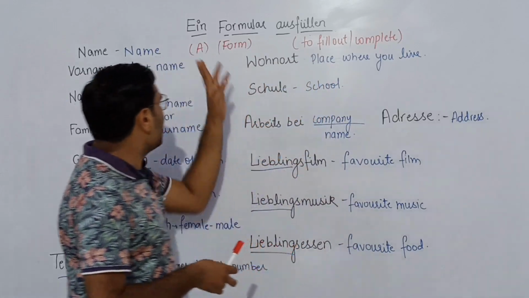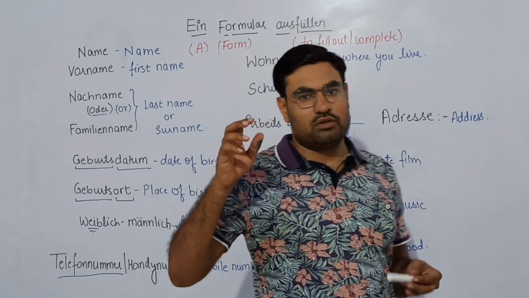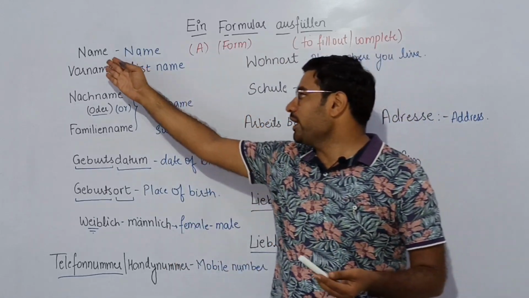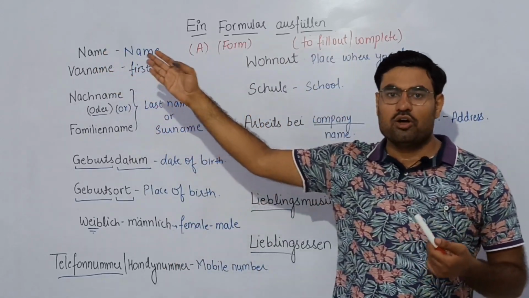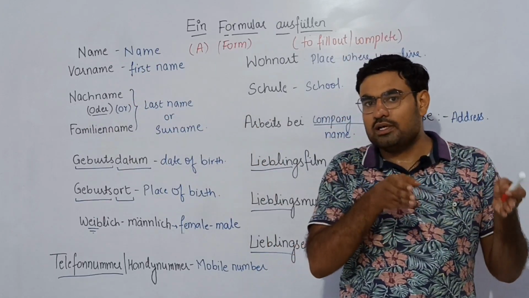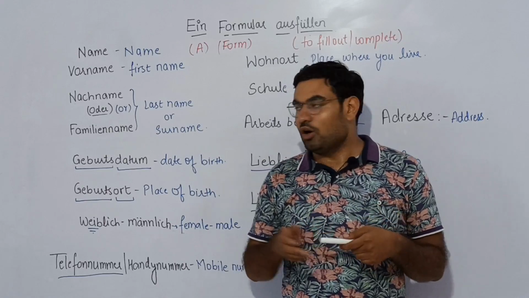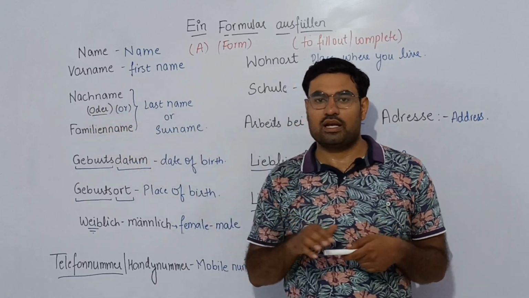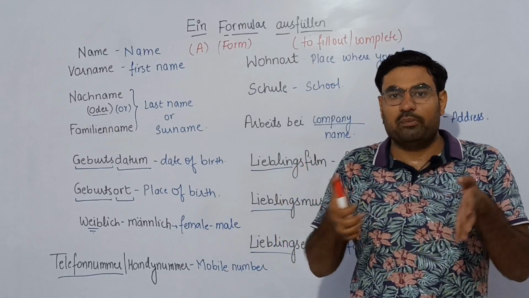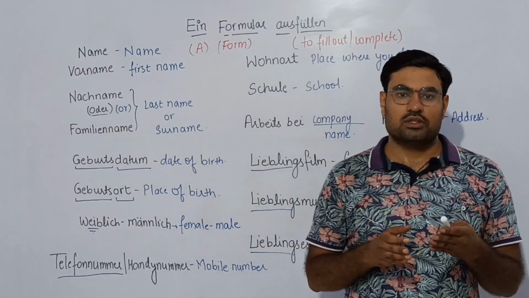Now let us revise. Ein Formular ausfüllen, to complete or fill out a form. If a form starts with your name, this is Name. Vorname is your first name, Nachname is your last name or family name, surname. This is also known as Familienname, family name.